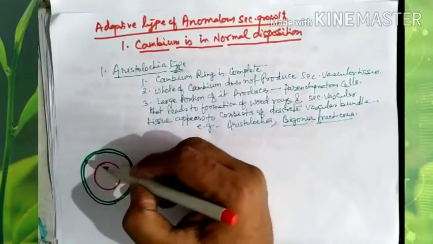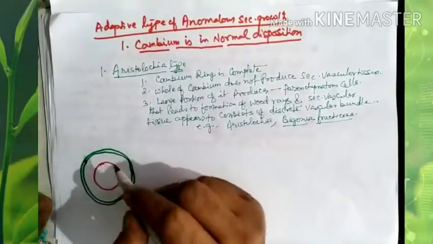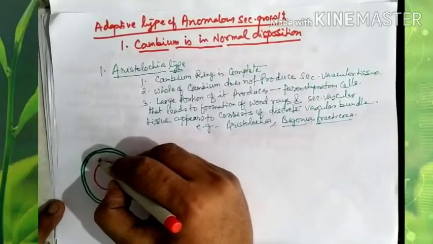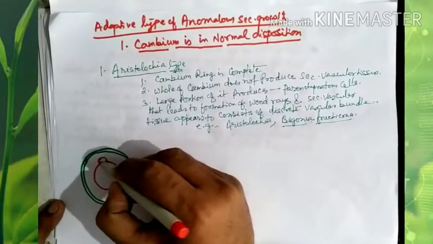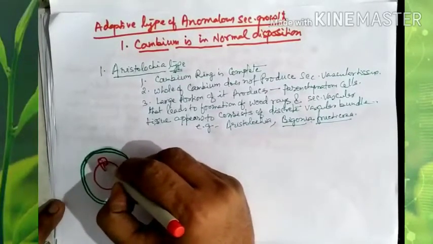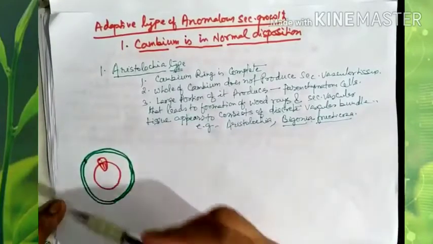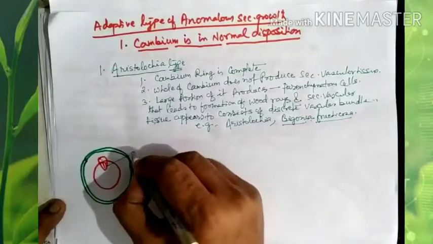This is the normal pattern. It cuts a large amount of xylem here. This is the secondary xylem.